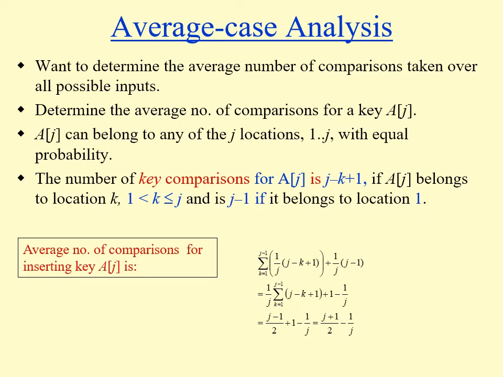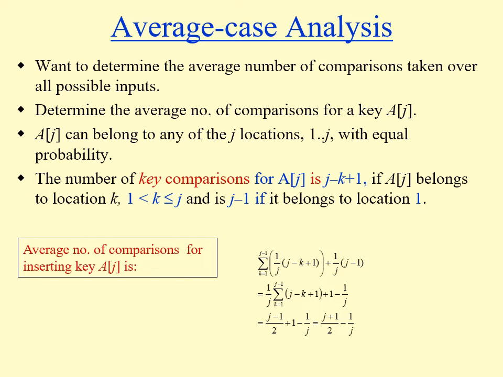That's the key comparisons. So in fact the difference is just 1. Even if you use the previous J minus K plus 1, there's no significant impact on the final result, but here we just want to have a correct number. If you look at the details before, you can find out the difference. That's a special case for location 1.